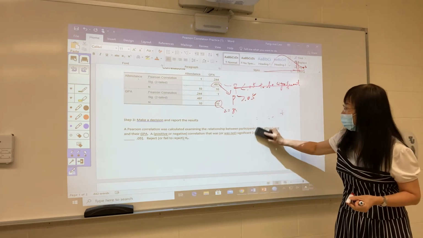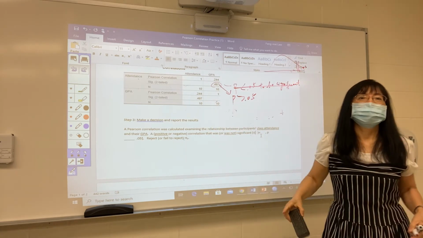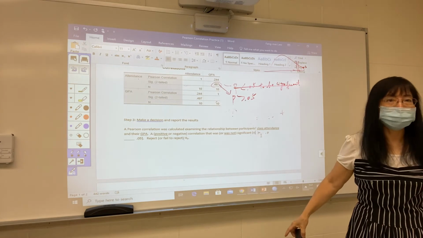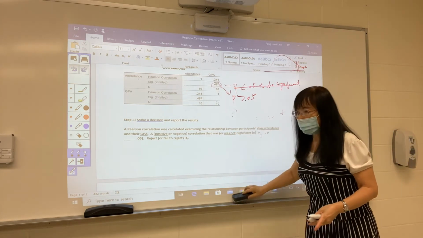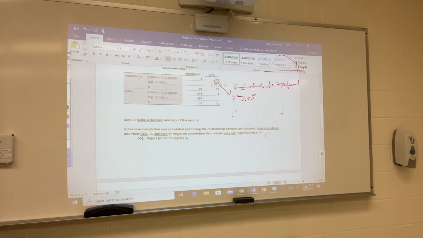Where was the 2 from? Because we have 2 data, so you subtract 2. Put it here, and then equal what?